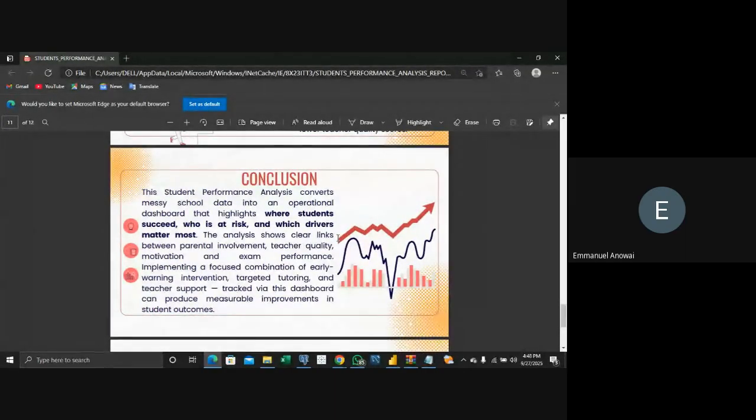So we can see that factors like teacher quality, parental involvement, motivation level, and attendance affect the exam score of students. So using this dashboard, we track those performance drivers in order to provide insights for schools and government agencies. Thank you.